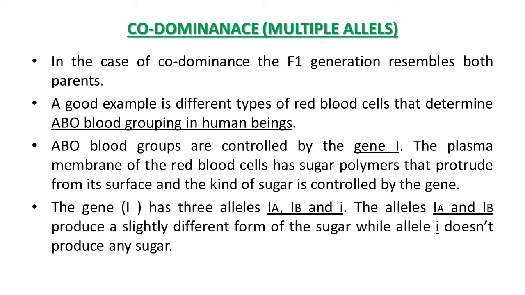The alleles capital IA and capital IB produce slightly different forms of the sugar, but allele small i does not produce any sugar. So we can understand here one gene, capital I, a single gene having three different alleles: capital IA, capital IB and small i. Capital IA and capital IB produce slightly different forms of the sugar, but small i does not produce any sugar here.